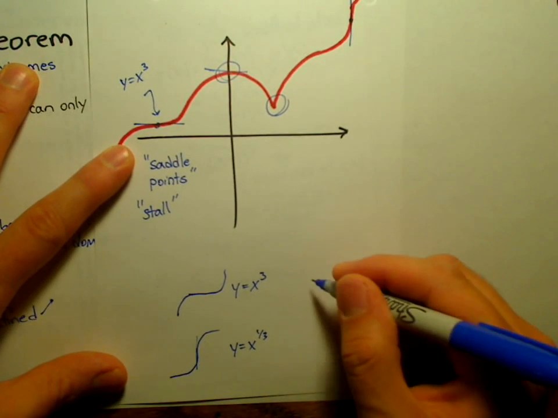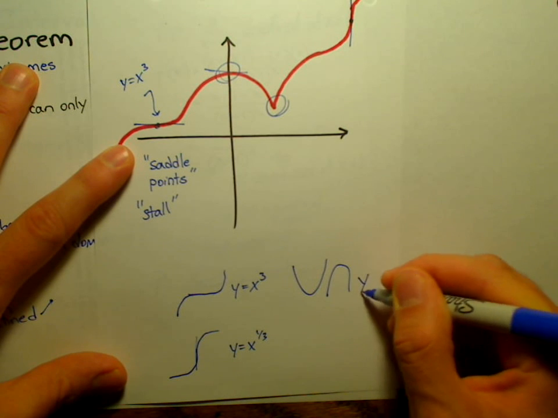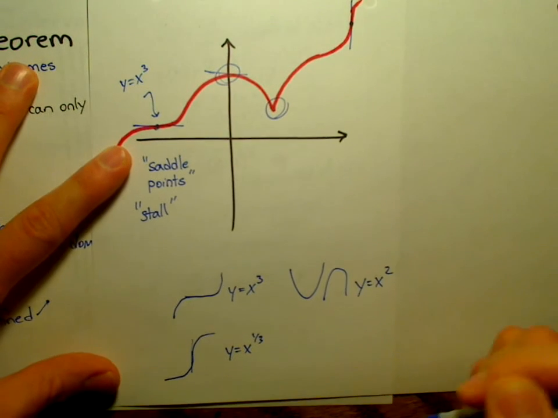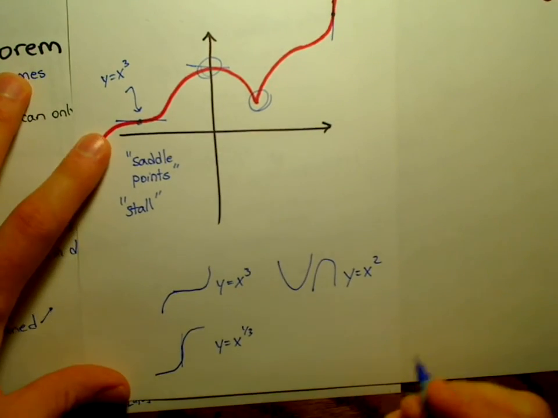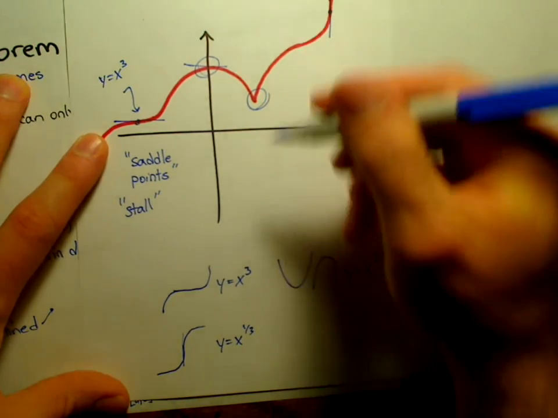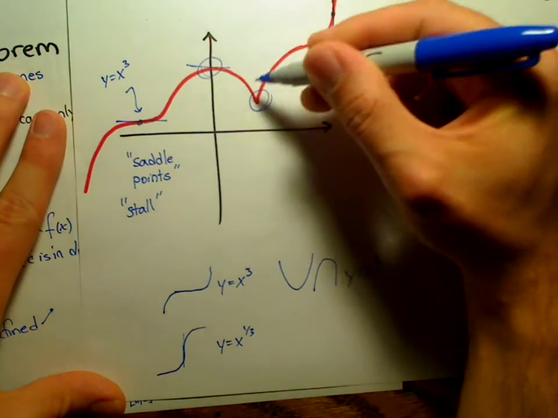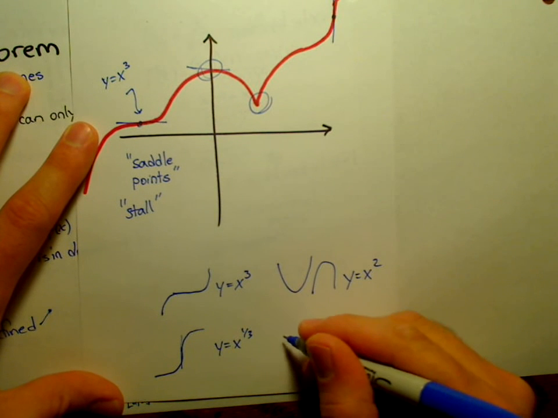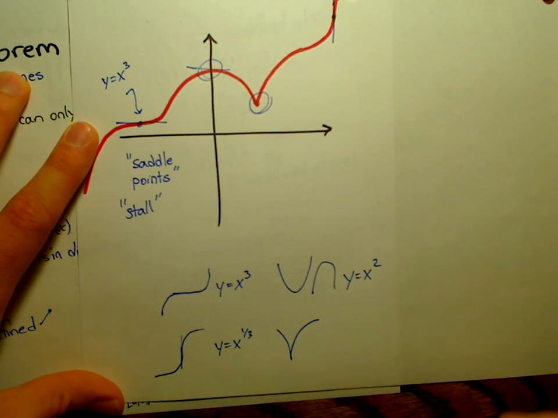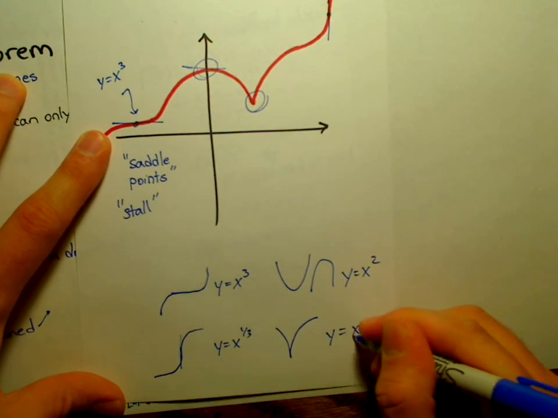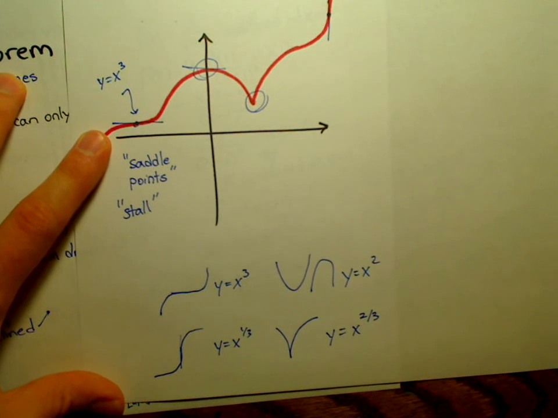Whereas these peaks and valleys, those can happen at y equals x squared or any even power, and those sorts of actual minima at undefined derivatives happen at things like x to the 2/3.